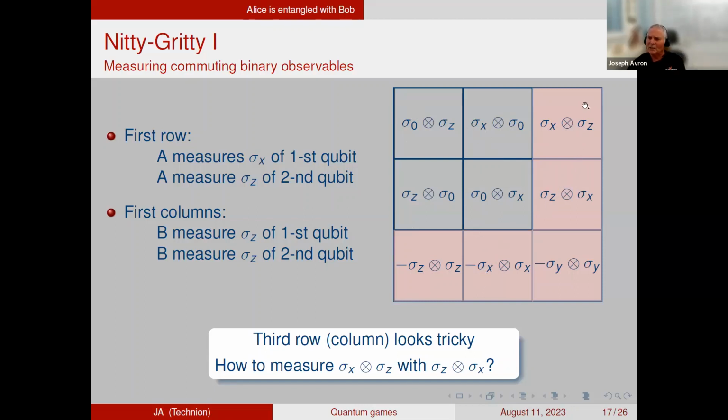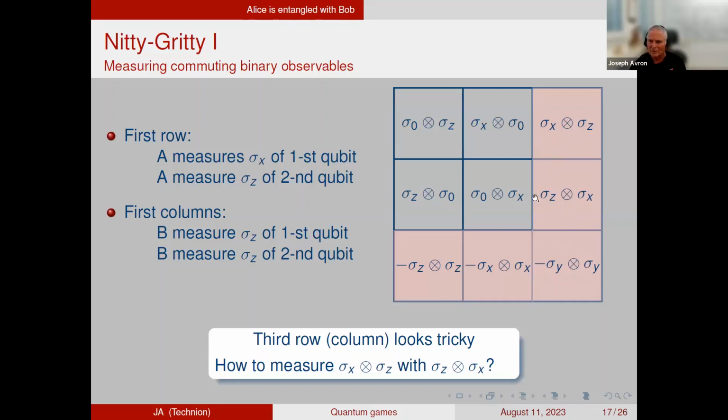But it looks more tricky if you look at, say, the third column. You see, in the third column, for the first qubit, sometimes here you see sigma x, here you see sigma z, and here you see sigma y. You can't measure sigma x on the first qubit because the measurement of sigma x on the first qubit will interfere with the measurement of sigma z on the first qubit.